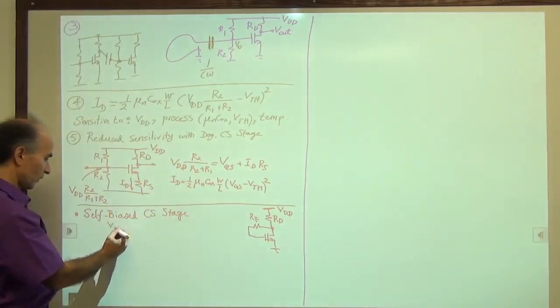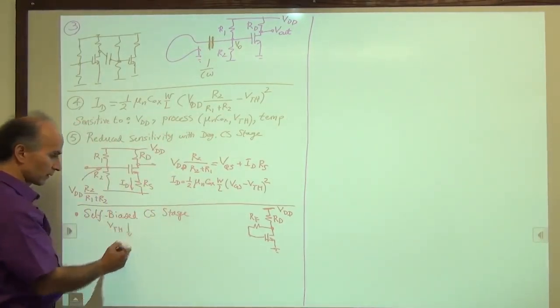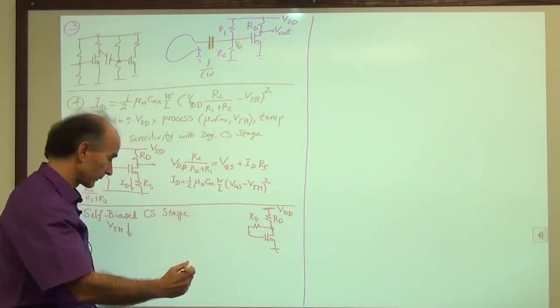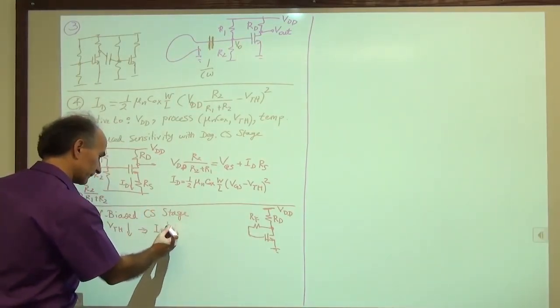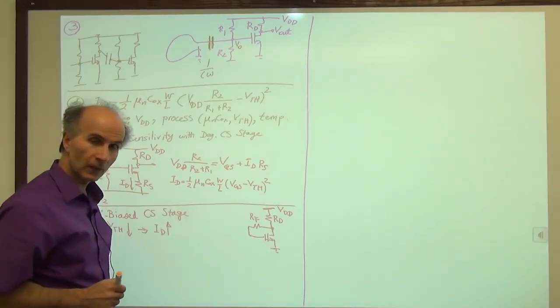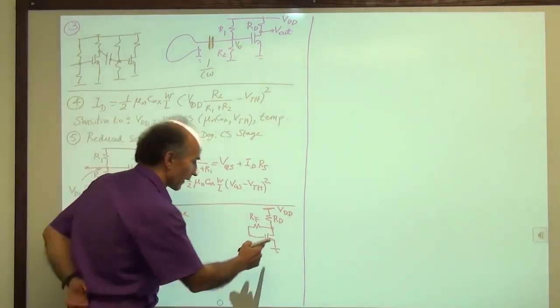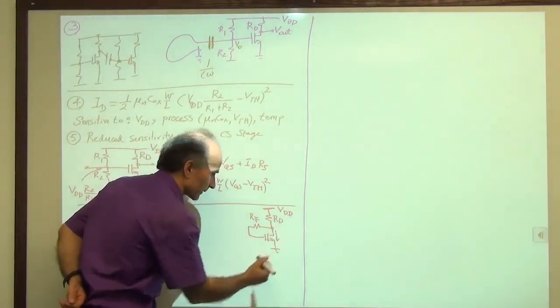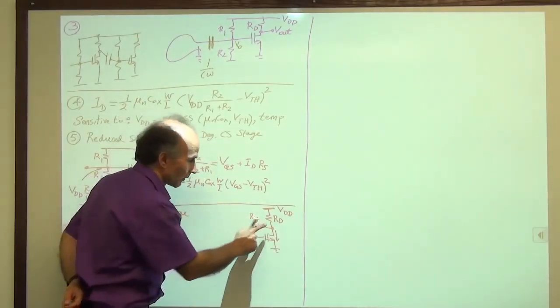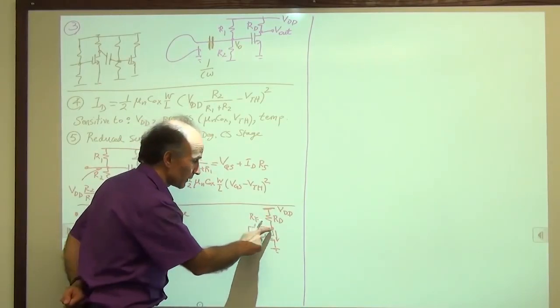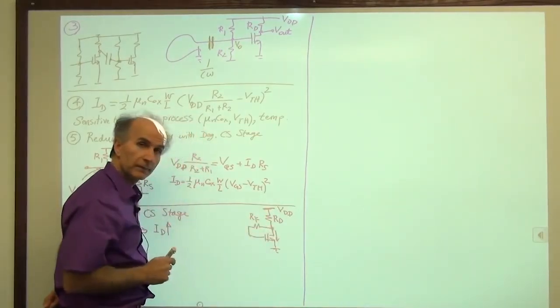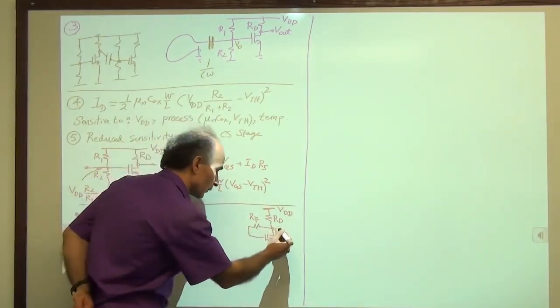VTH goes down from one wafer to another. That means that ID wants to go up. If ID goes up, if this current goes up, then what happens? We draw a larger current through RD, so this node voltage wants to come down. So this voltage wants to go down.